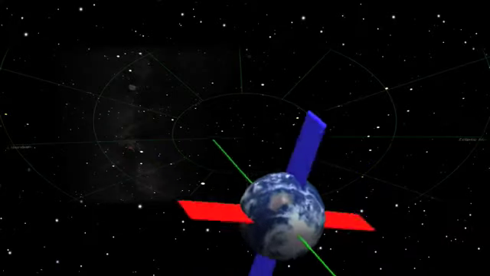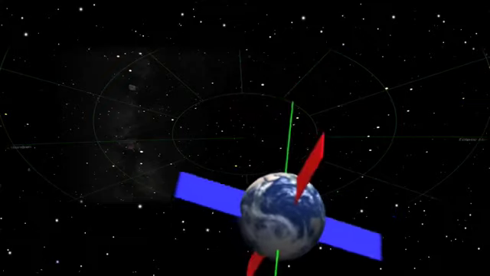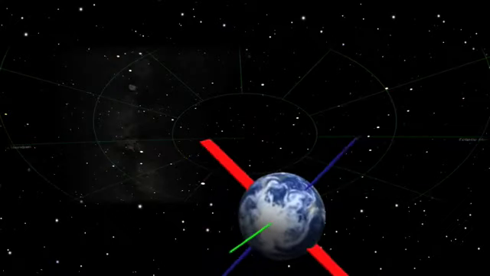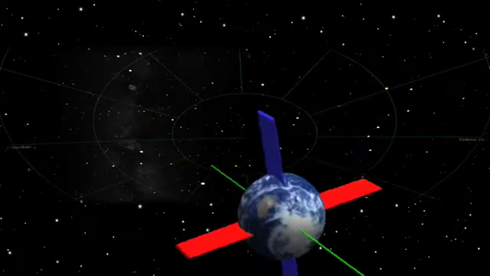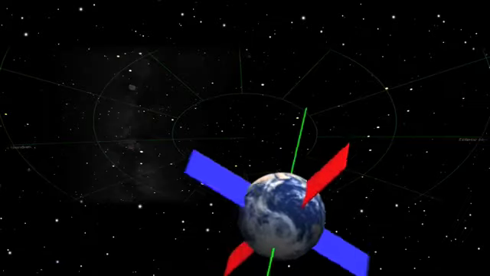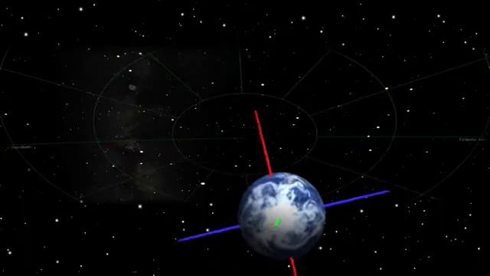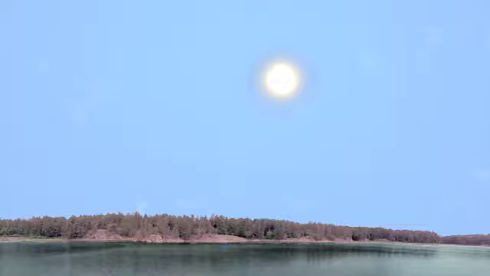Right now, the Earth's axis points towards Polaris. 5,000 years ago, the axis pointed to a star in the constellation Draco. And 12,000 years ago, the brilliant star Vega was the pole star. And because of the 26,000-year cycle, Vega will be the pole star again in 14,000 years.